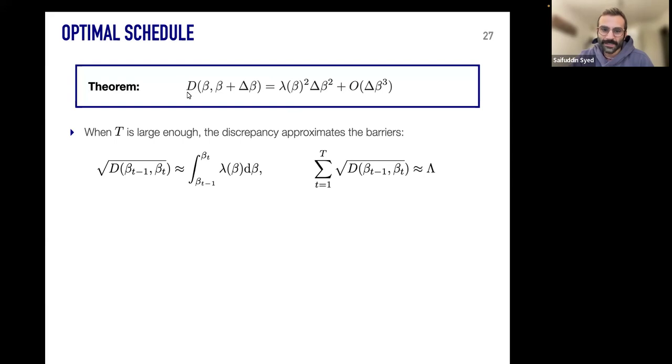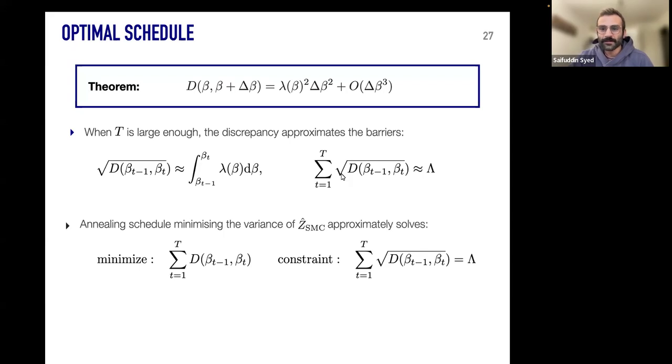The way we get this is by taking square roots of both sides: basically the quadratic terms disappear, and this gives us an approximation of a Riemann sum. So by summing up the square roots of this discrepancy, we end up getting a pretty good approximation of the length. Notice how this was true independent of the choice of annealing parameters. All I required was that T was sufficiently large enough for this to kick in.